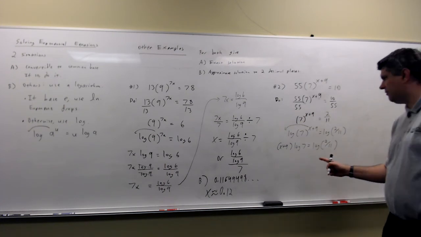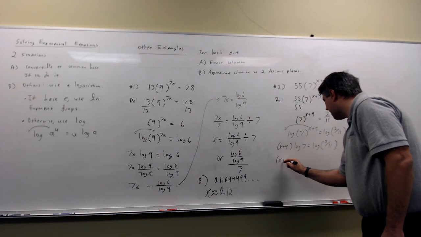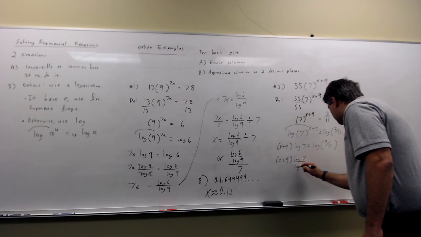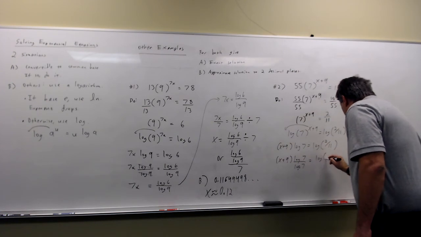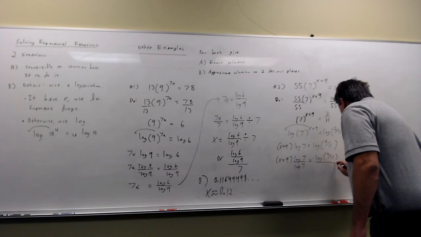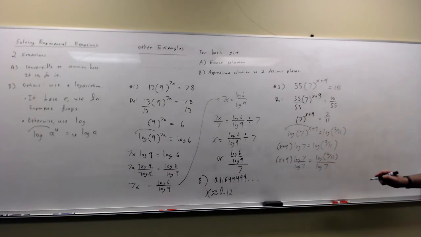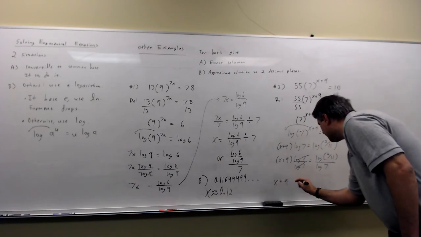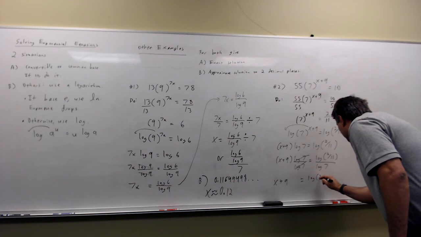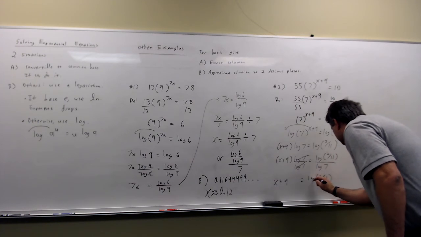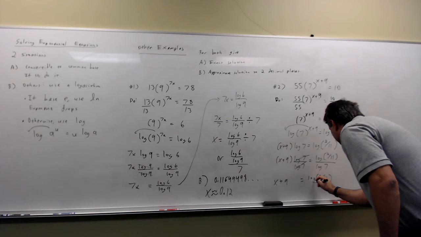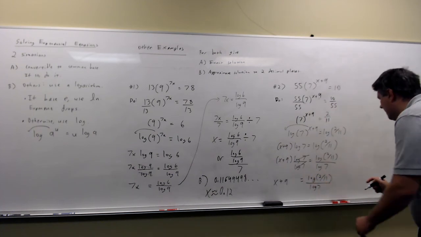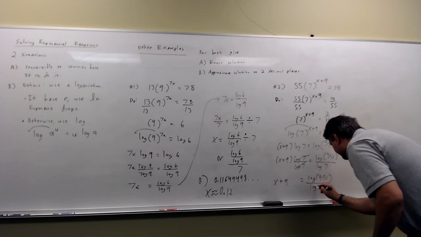Okay, and like before, I'm going to divide off the logarithm on the left side. Like so. Okay, these cancel. That's what they're supposed to do. We end up with x plus 9 equals log of 2/11 over log 7.